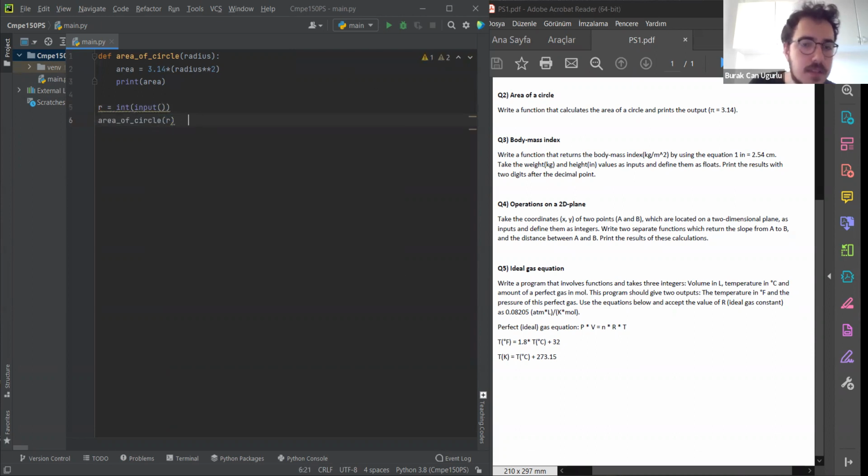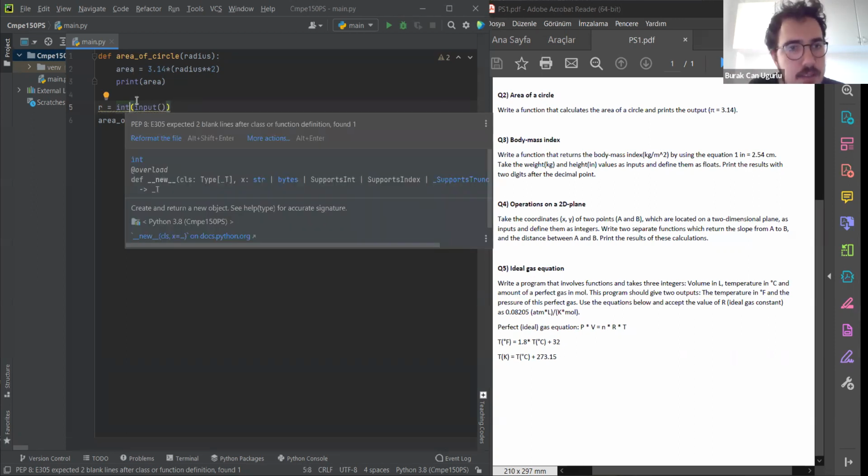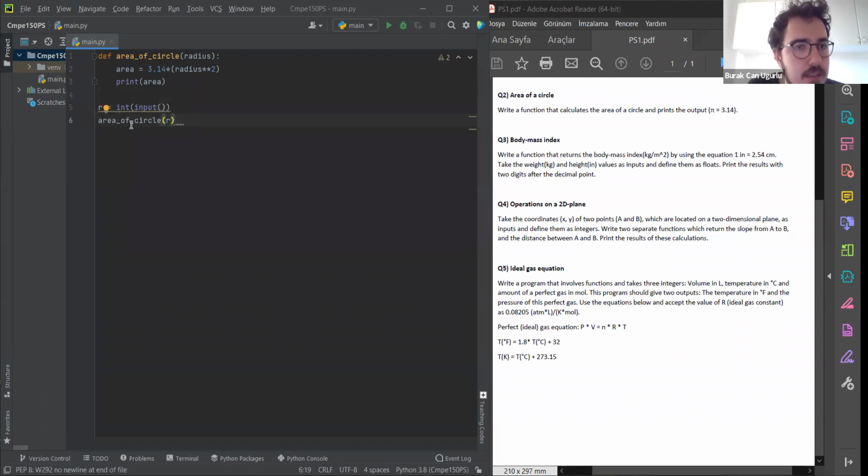So what are we doing in this function? The user enters an input named r, and it is converted to an integer from a string. So we are firstly assigning a string there, and then the area of circle function takes this r value as a parameter, and here it is radius, and then the area variable is pi r squared, and the area is printed.